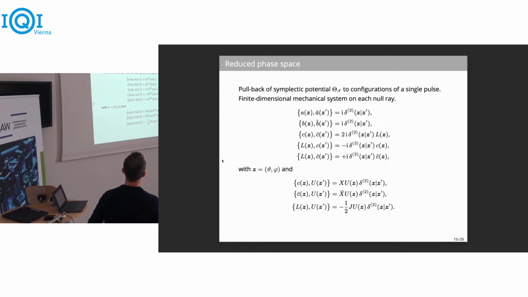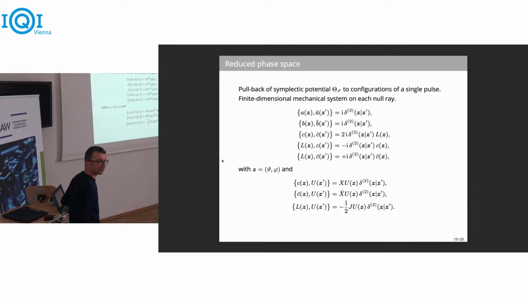Here the A and A bar, B and B bar satisfy harmonic oscillator Poisson brackets, and then there is a Poisson algebra for the SL2R Lie algebra on this sphere. So theta and phi are our coordinates. And on top of this, there is a U1, there is an SL2R Lie algebra group element that satisfies these Poisson commutation relations.